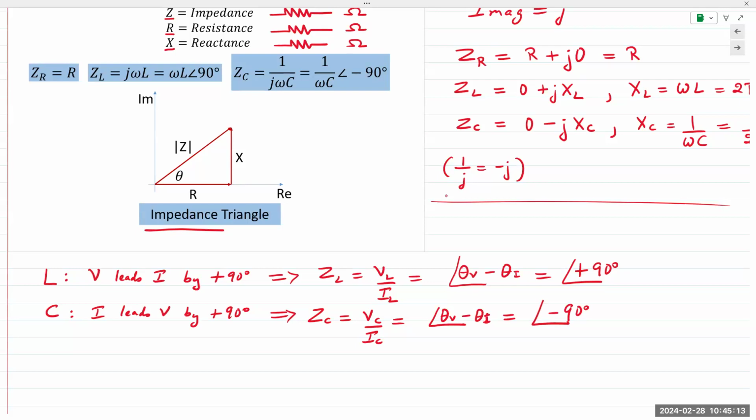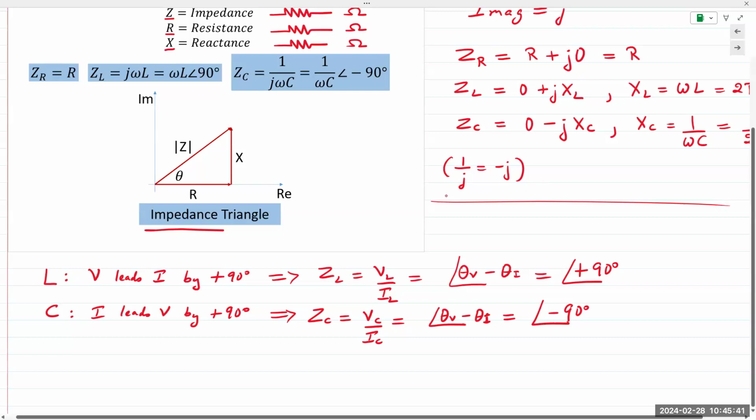That is specific to all inductors and all capacitors. If you take any inductor, any capacitor in any circuit, the phase difference between the voltage and current for that particular component is always 90 degrees. It could be 78 for the voltage, the current would be minus 12.